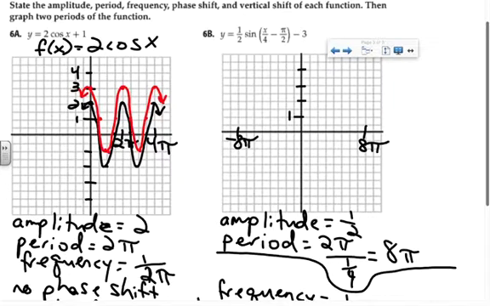So this is a sine graph. We know that it starts at 0, 0, because this graph has a period of 8 pi, it's going to recycle itself at 8 pi. I could think of it as recycling itself at negative 8 pi as well. Halfway between those intercepts is one other x-intercept at 4 pi and negative 4 pi.